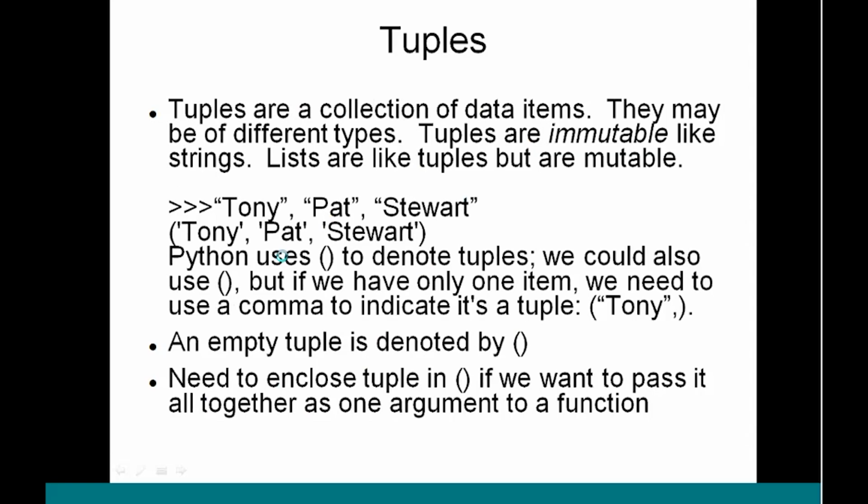Tuples are collections of data items. They may be of different types, and usually tuples are immutable, just like strings that we saw. The lists are like tuples, but they are mutable. So there is a difference between a list and a tuple.